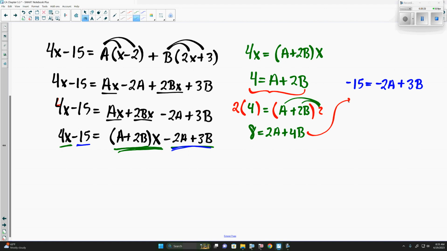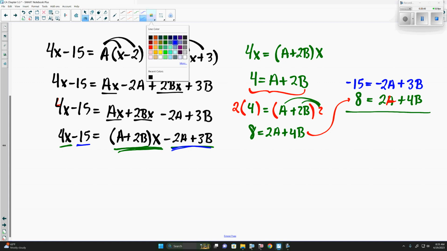Now we can put this equation under the other. Negative 15 equals negative 2a plus 3b. Now would we add or subtract these? So we can look at negative 2a and 2a.